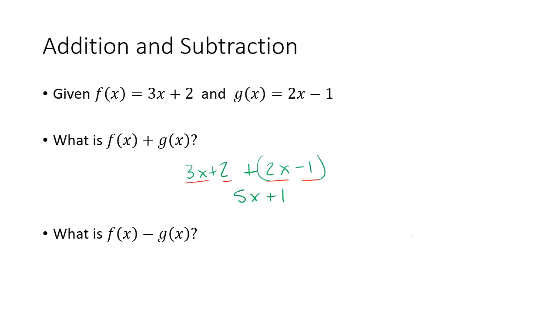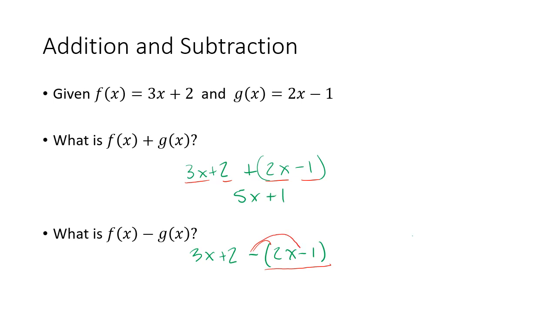Now, let's look at what would be f of x minus g of x. Here we would have 3x plus 2, and then minus this 2x minus 1. Right here is maybe one of the things that students miss the most, and it's when we're subtracting this entire thing in the parentheses. That means this negative sign needs to distribute through to both of those terms.